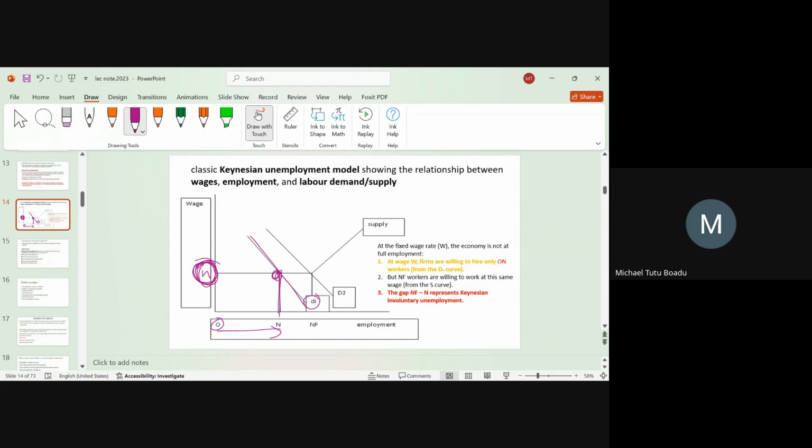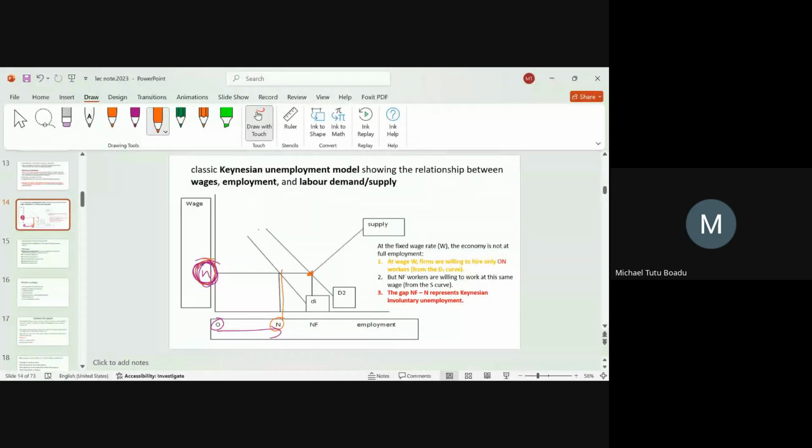All right. So it means that supply will be here like this. This is going to be supply. So this is where the equilibrium is going to be. So firms are willing to hire only N when wage is W. However, you have more people who want to work, up to this point.